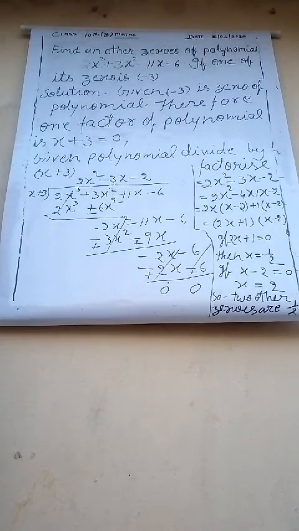Multiply both factors, we get x square minus 5 by 3. Divide the given polynomial by x square minus 5 by 3.